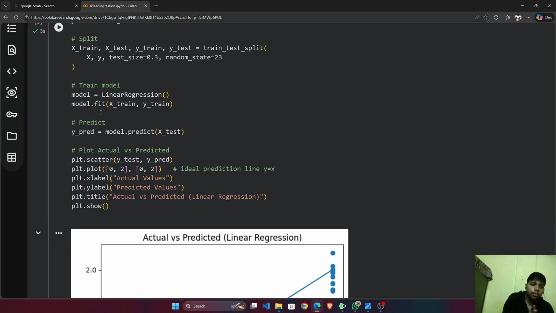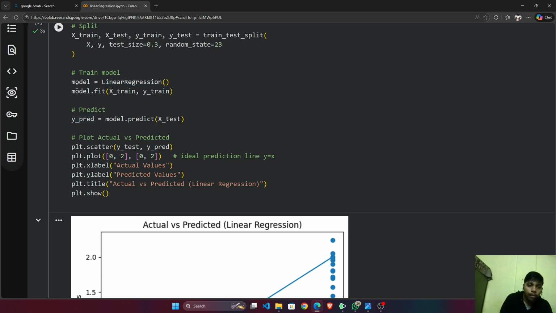Training the model: we have stored LinearRegression, our model, into a variable called model, and we have fitted the values of x_train and y_train, which we are giving the model to train itself. After the training we make it predict. y_pred is a variable that stores the value of the model's prediction of x_test.